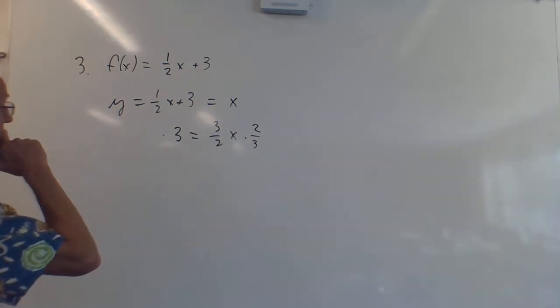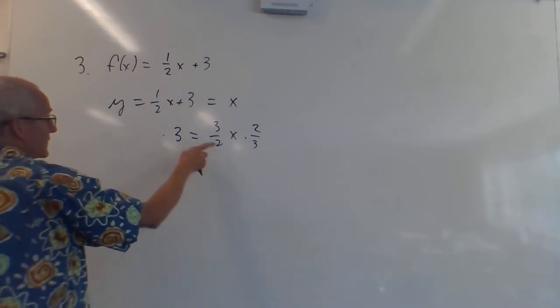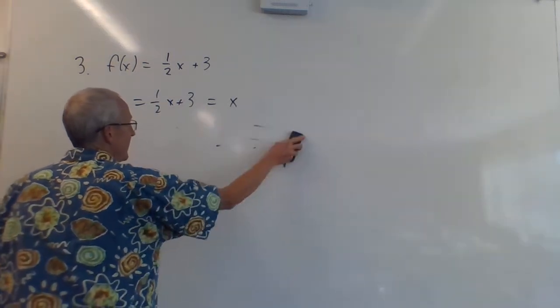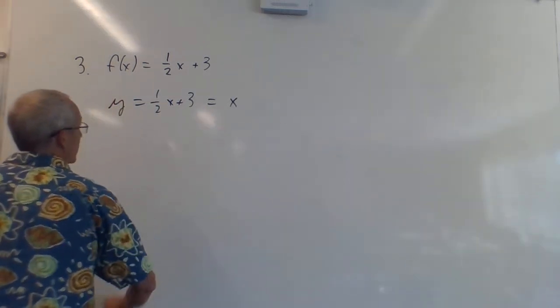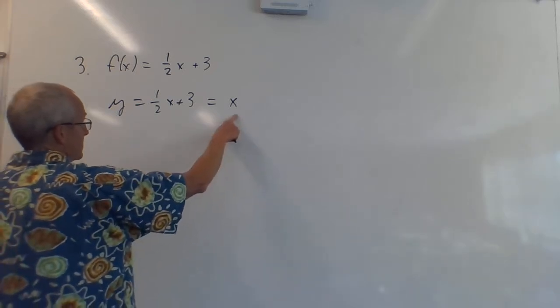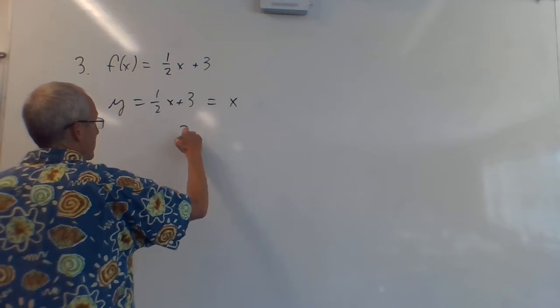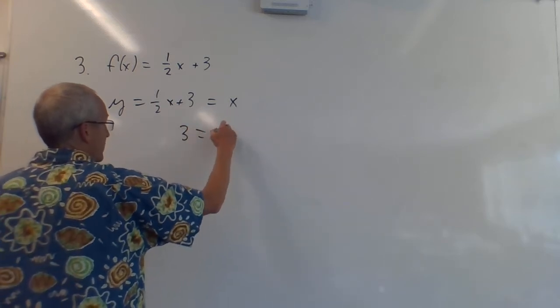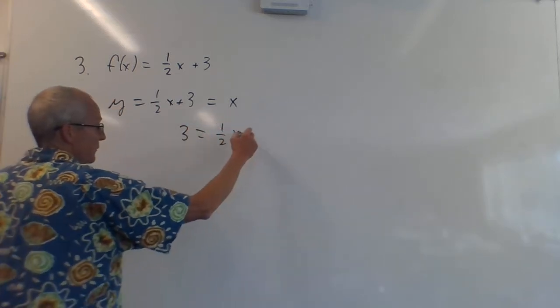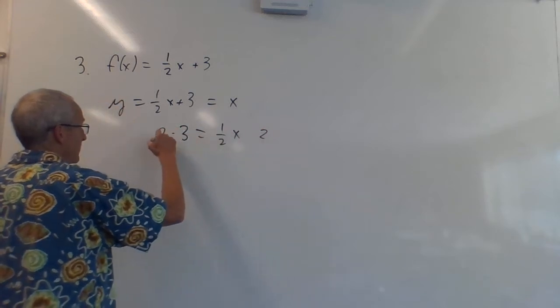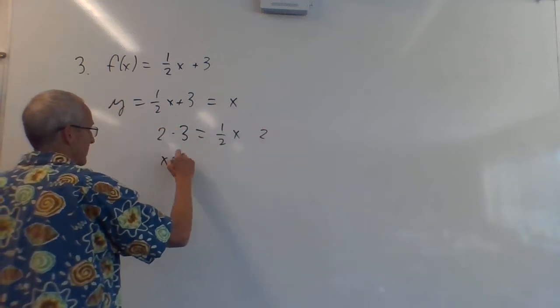And I feel like I'm doing something wrong. Oh, we have to take away. I need you guys to help me out here. Okay, subtract 1/2 x from both sides, because this is to get rid of that. So we have 3 is equal to x minus 1/2 x, which is 1/2 x. Multiply both sides by 2. So x is equal to 6.